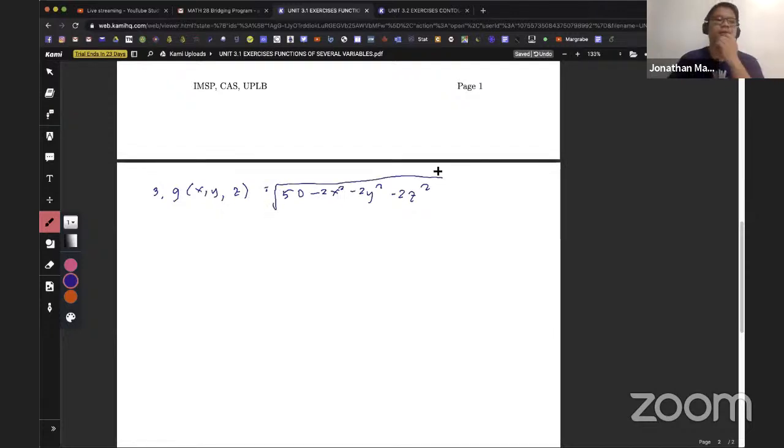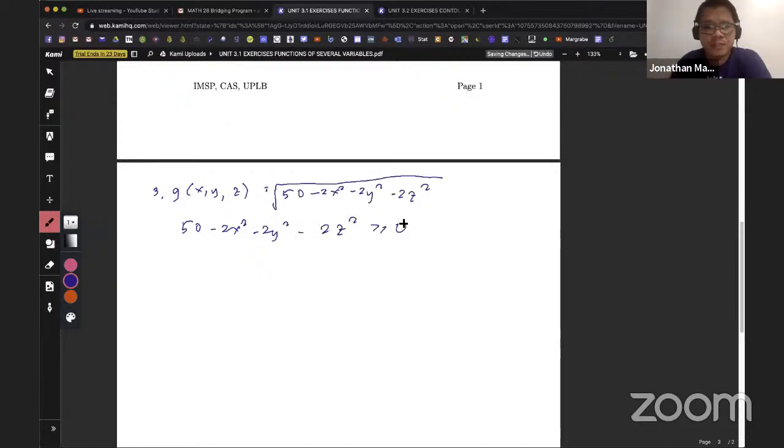Okay? So we should have the argument to be greater than or equal to 0. So that will be 50 minus 2x squared minus 2y squared minus 2z squared should be greater than or equal to 0.